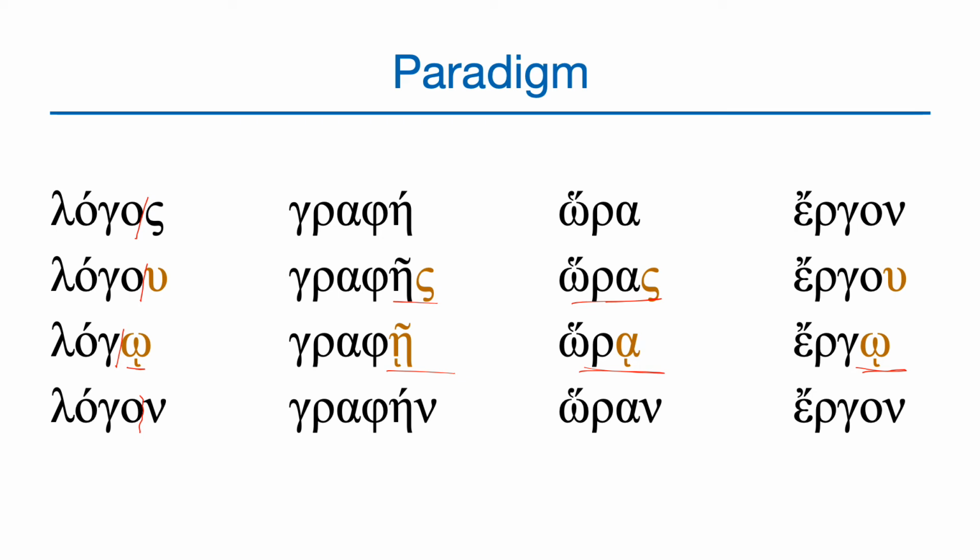And then you have graphes, genitive, graphe, dative. Here of word, here to word, here of writing, here to writing. Here, this is confusing, you will learn this later, so let's just skip this. And this is the dative of work, here to work.